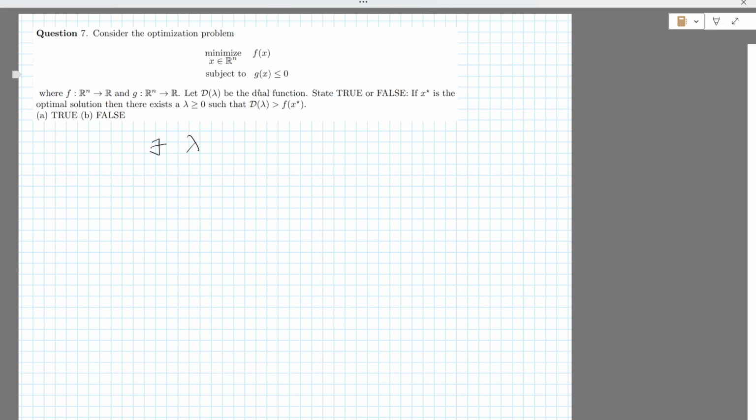It is only one constraint, so it is an R. There exists lambda such that the dual value is greater than the optimal value. Okay, is this possible?